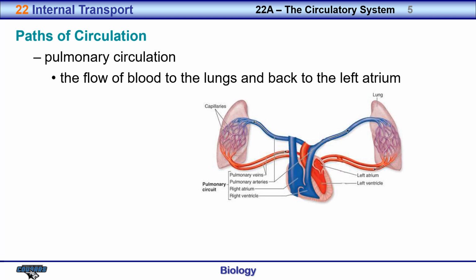Remember, we said the pulmonary artery is the only artery in your body that is oxygen poor, deoxygenated blood, and it's headed to the lungs.